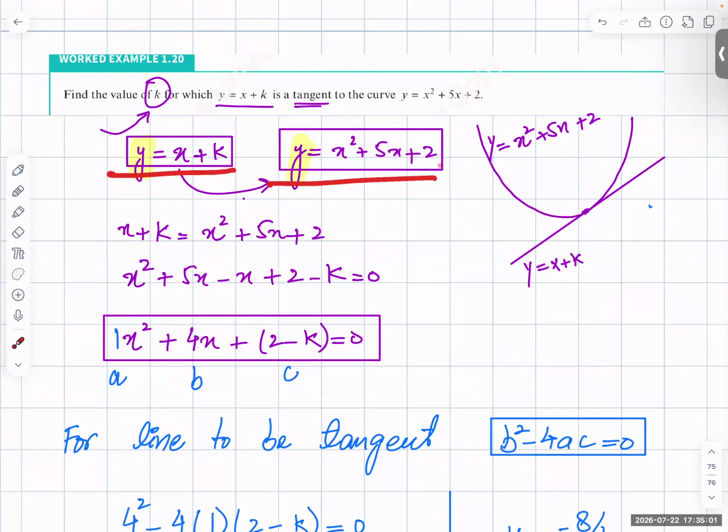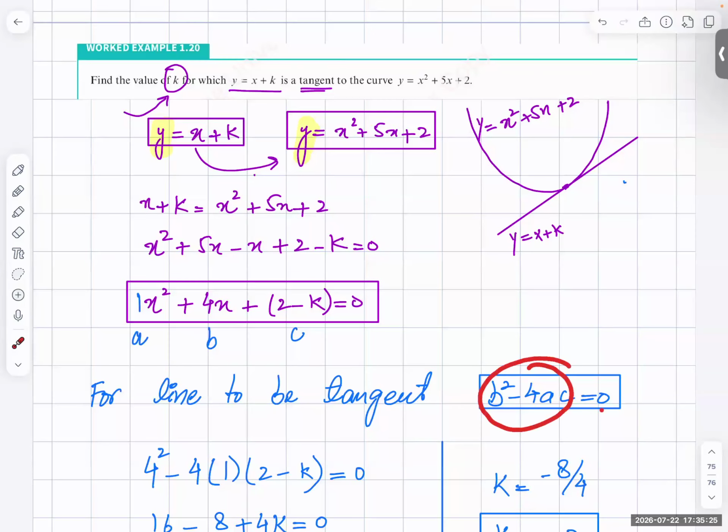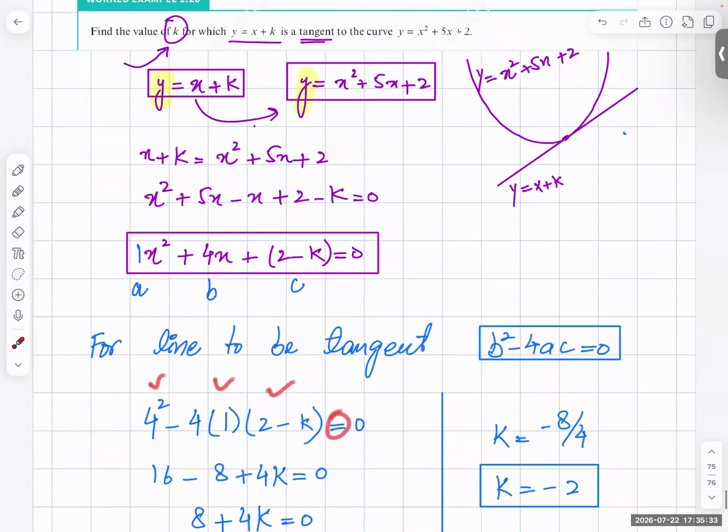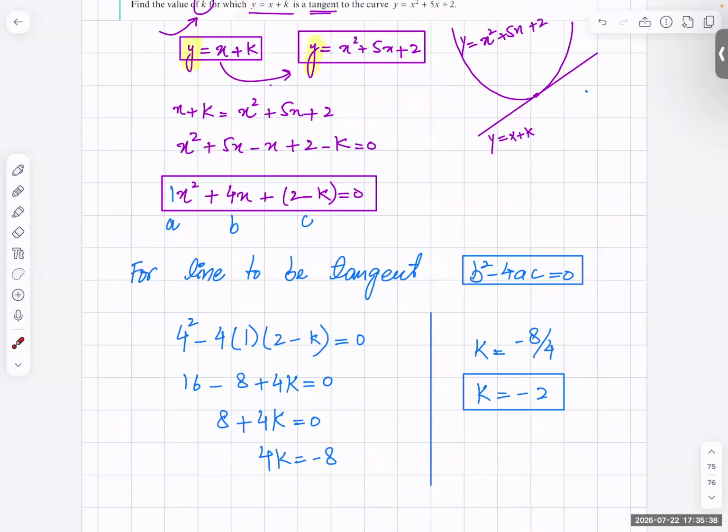We use the substitution method, just like the one we used in O levels, IGCSE, for solving simultaneous equations. So y equals x plus k, and this is x squared plus 5x plus 2. You substitute it, and you make a quadratic equation. Now, if this line is to be tangent to the curve, then the discriminant must be equal to 0. So we have a, b, and c for the quadratic equation. We do b square minus 4ac equal to 0, and we solve it, right? Any question related to this?